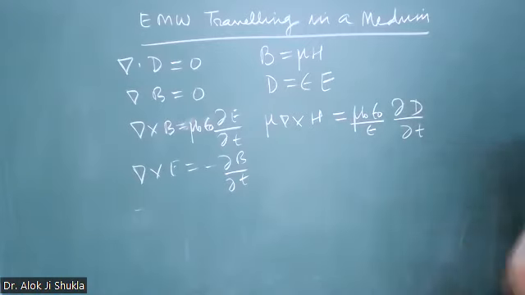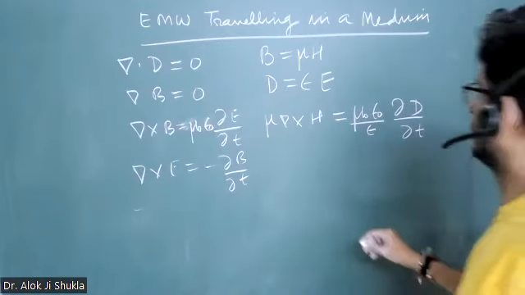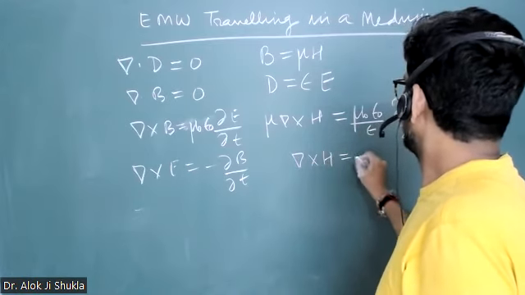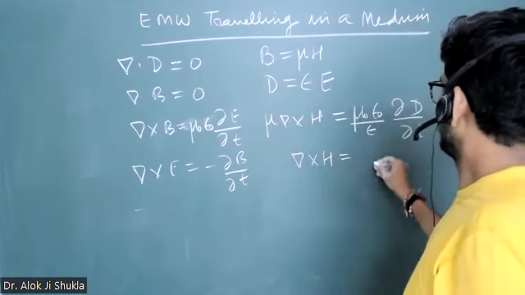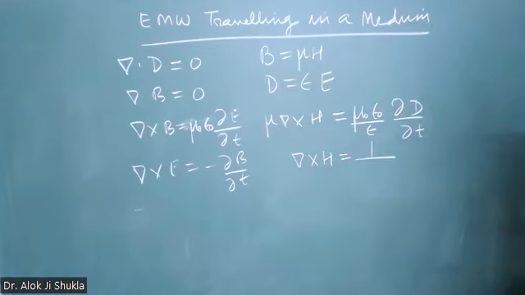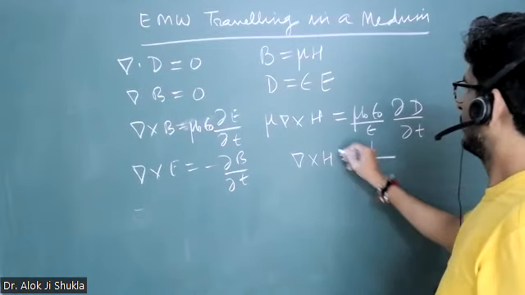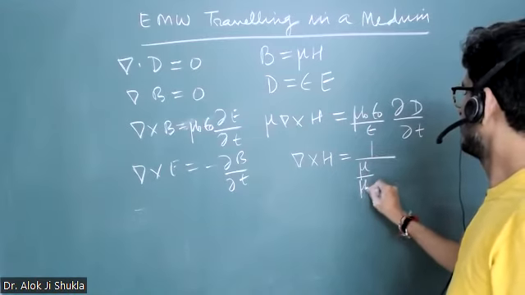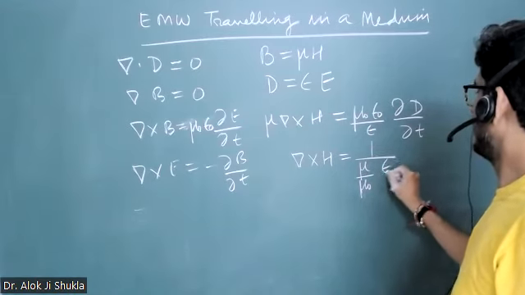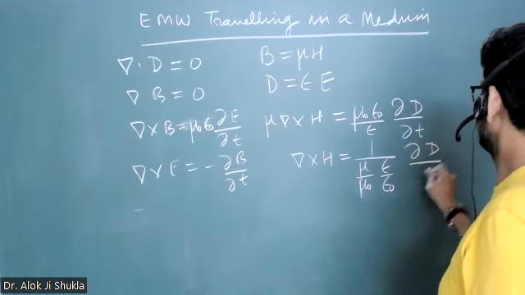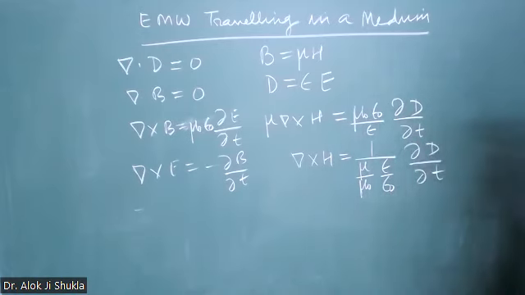Okay, so del cross H is equal to 1 by, mu यहां आ जाएगा ना, mu by mu naught and epsilon by epsilon naught. Can you see that? Del D by del T. Yes sir.